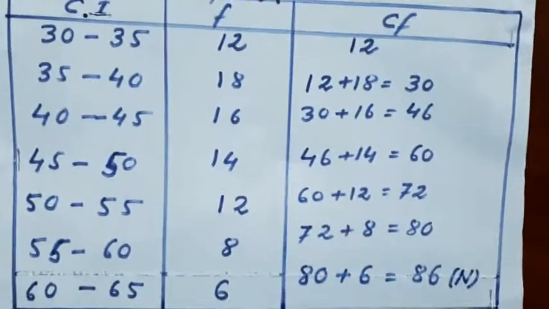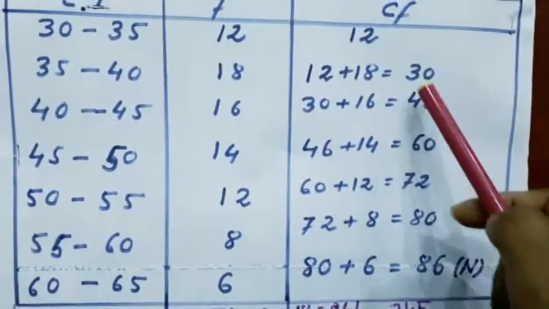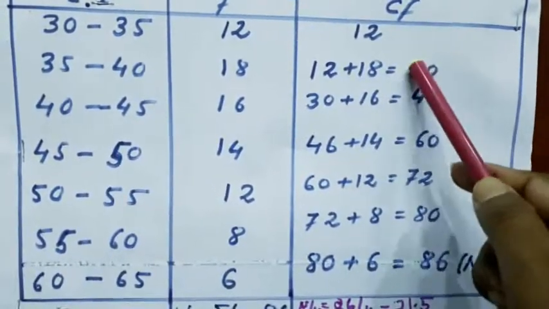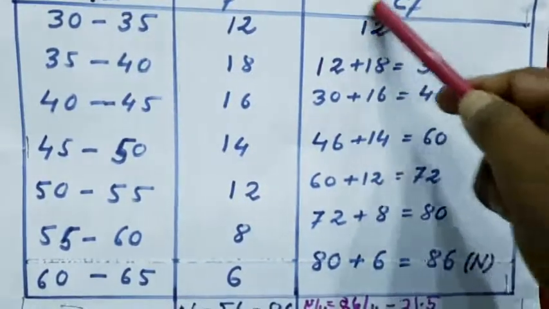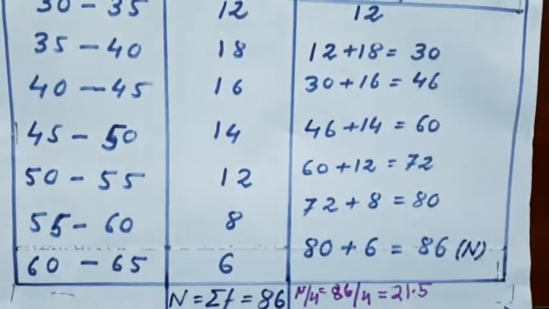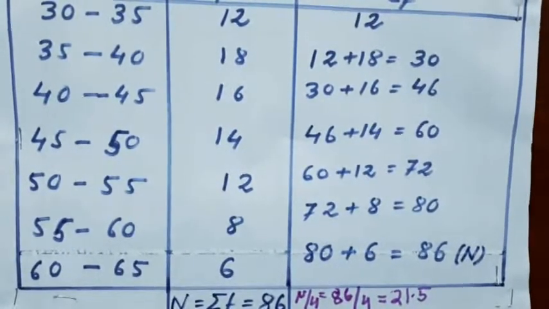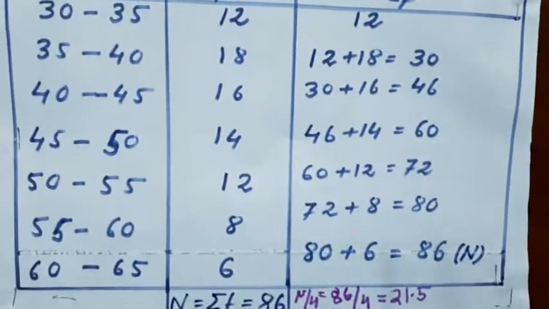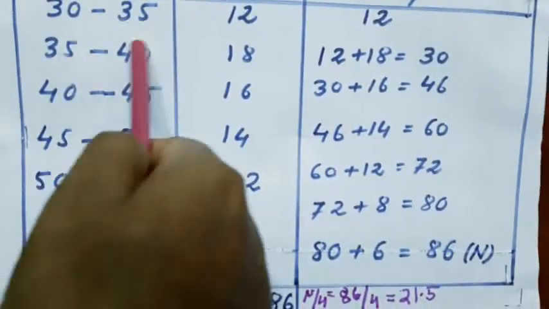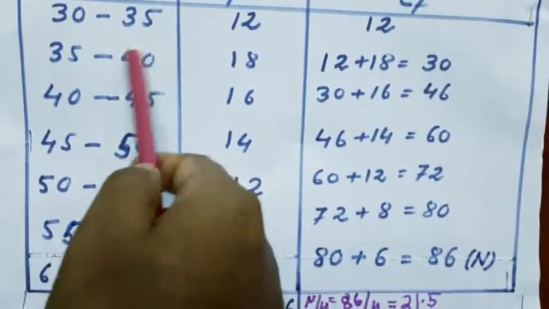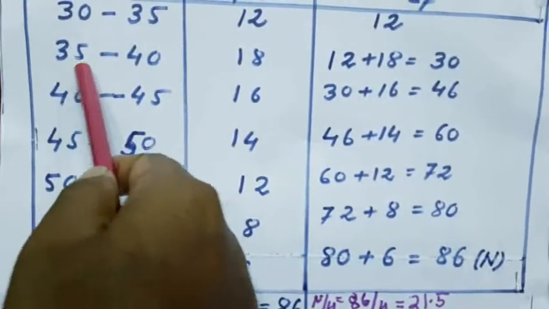And the cumulative frequency before the quartile class is 30. Before that it is 12. It means C equals 12, the cumulative frequency before the quartile class. And size means the gap of this interval, upper limit and lower limit: 40 minus 35 equals 5.